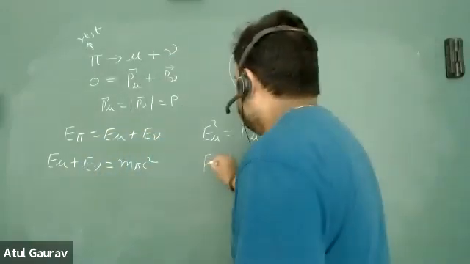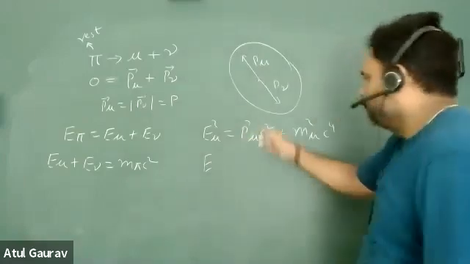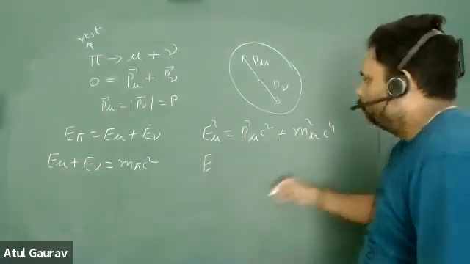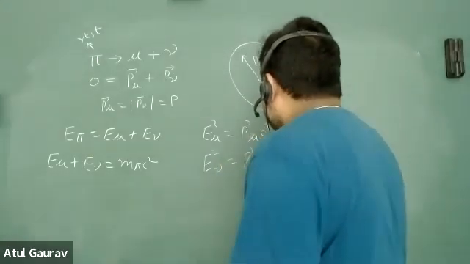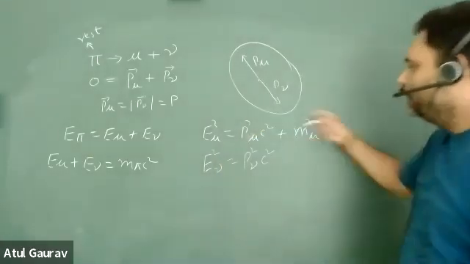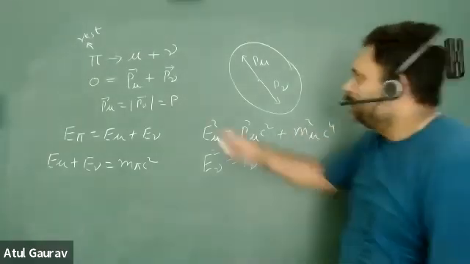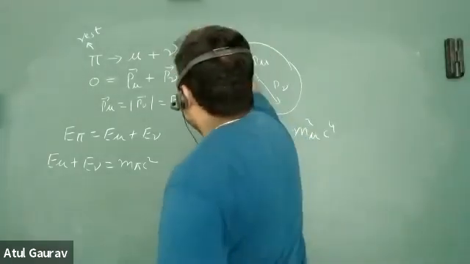Here we have momentum and rest mass also, and we have E nu square is only P nu square c square. The mass term is not there because this particle is massless.